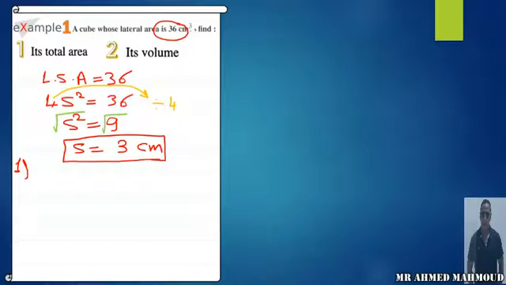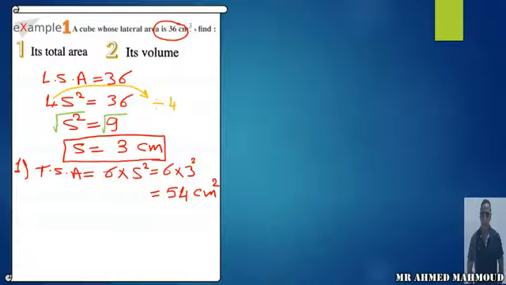Number 1, I need to find the total area. TSA, or the total area, equals 6 times s power of 2, which equals 6 times 3 power of 2, which equals 54 centimeter square.